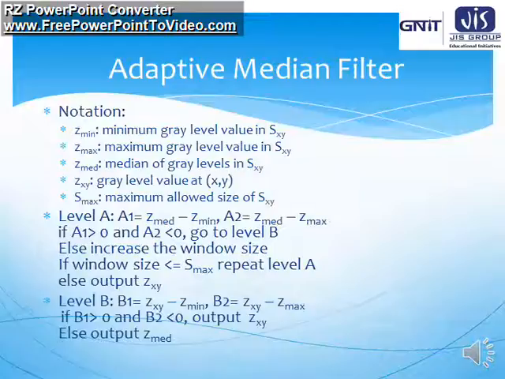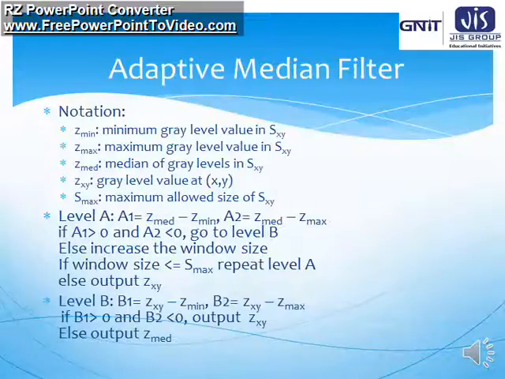Z med, which is the median of gray levels in SXY. ZXY, which is the gray level value at the point XY, and S max, which is the maximum allowed size of SXY. So these 5 notations are very important and we have to keep them in mind if we follow the algorithm.